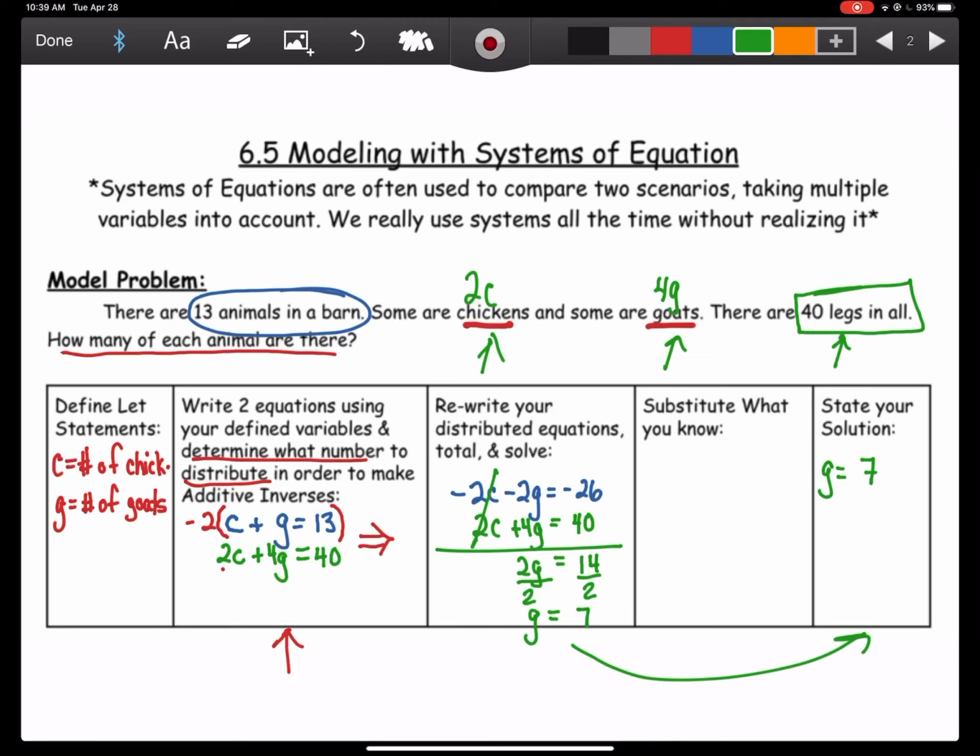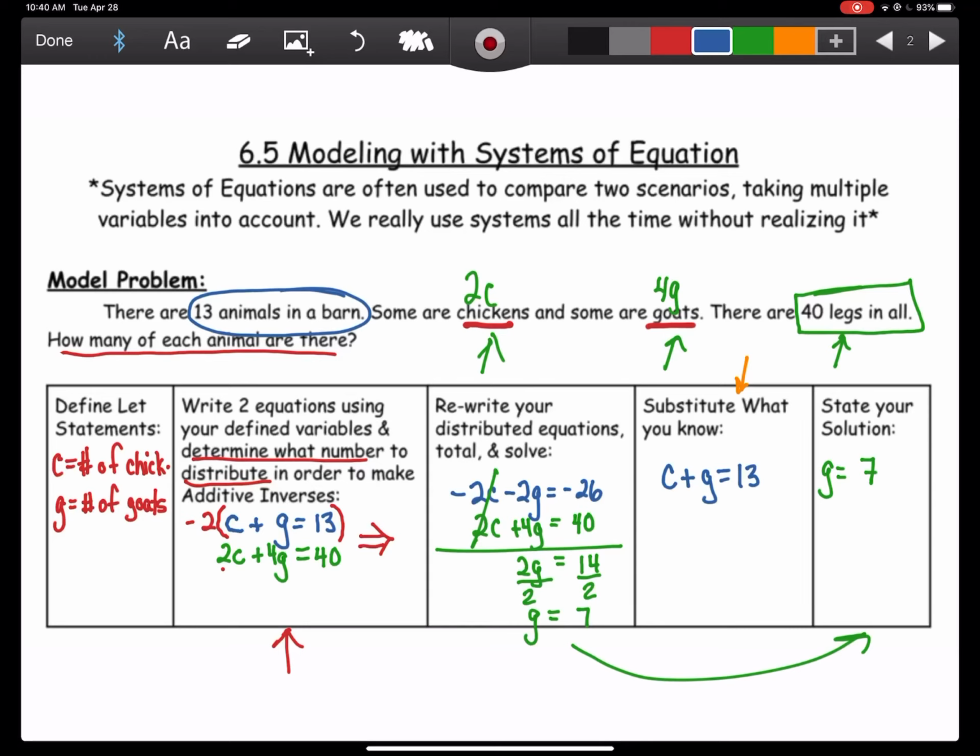All right, this last step, let's jump to right here. I'll start using gold here. So substitute what you know. Now, when it comes to substituting, always pick one of the original equations, and remember what I said in the beginning of all this. Pick the easier of the two. I'm going to pick the original c plus g equals 13.